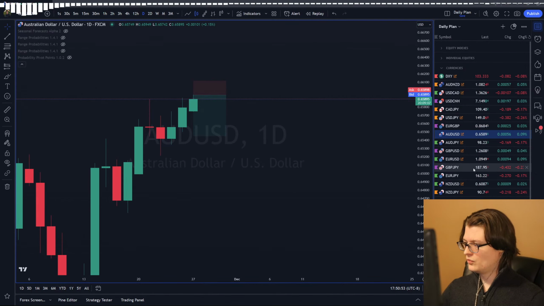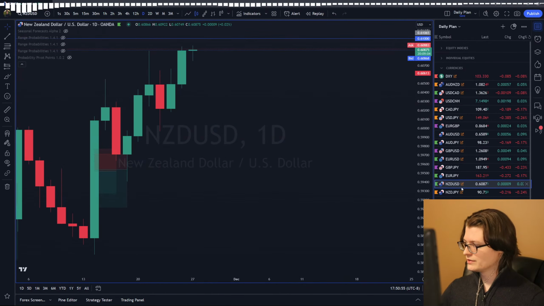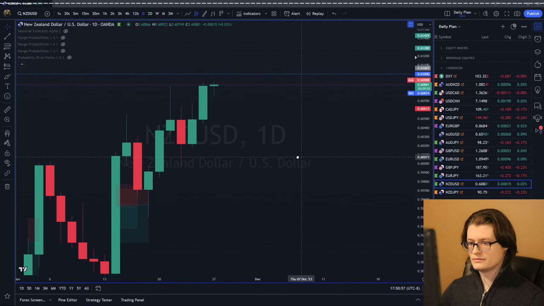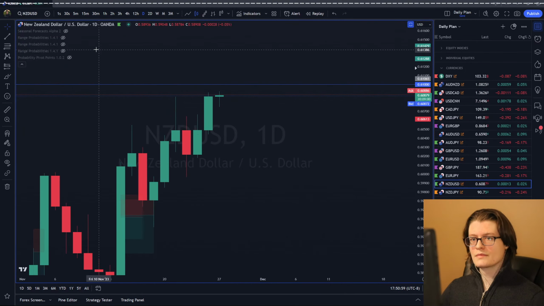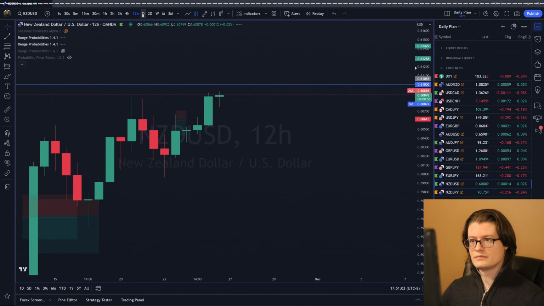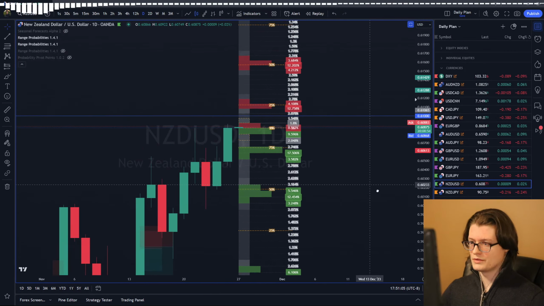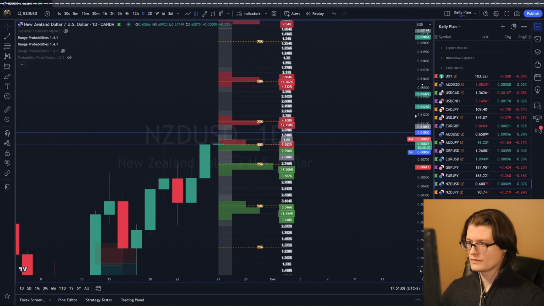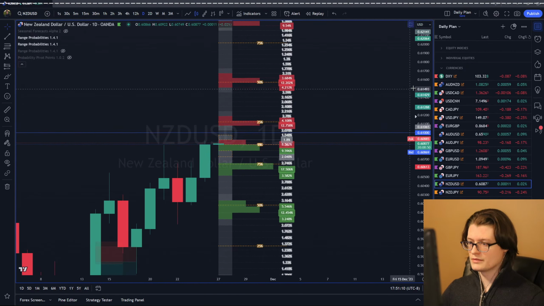Let's look at one more chart. Let's look at New Zealand, and let's bring up our range probabilities. Quick little refresh: we have more significant peaks.